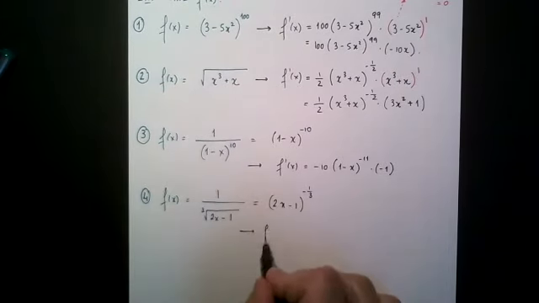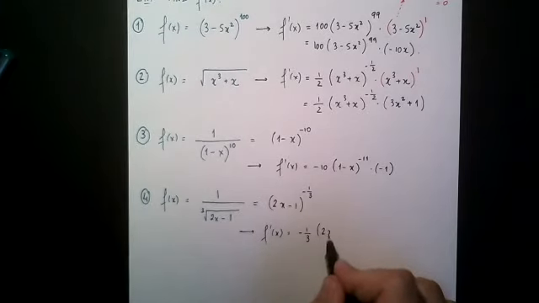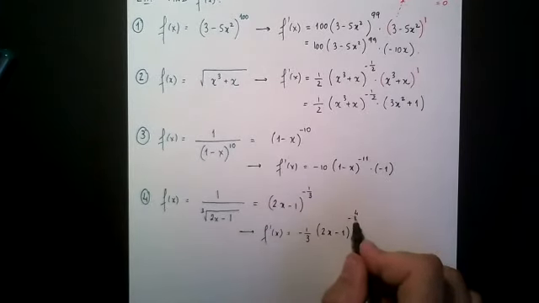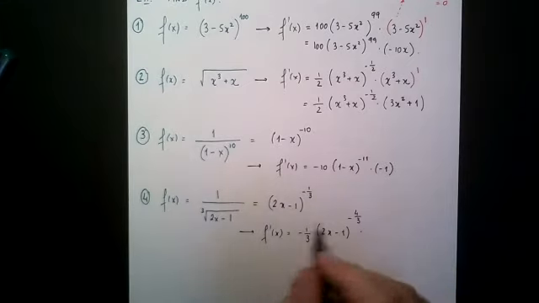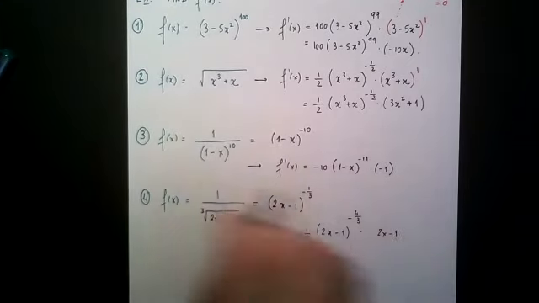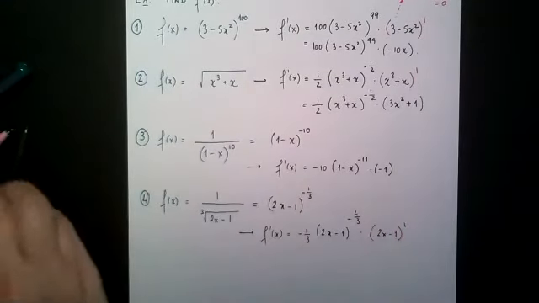Okay, so f prime of x will be, so I'm going to put minus 1/3 in front. 2x minus 1, then minus 1 from the exponent is minus 4/3, times the derivative of the inside, which is 2x minus 1. Okay, so I'm going to do the extra step now, prime.